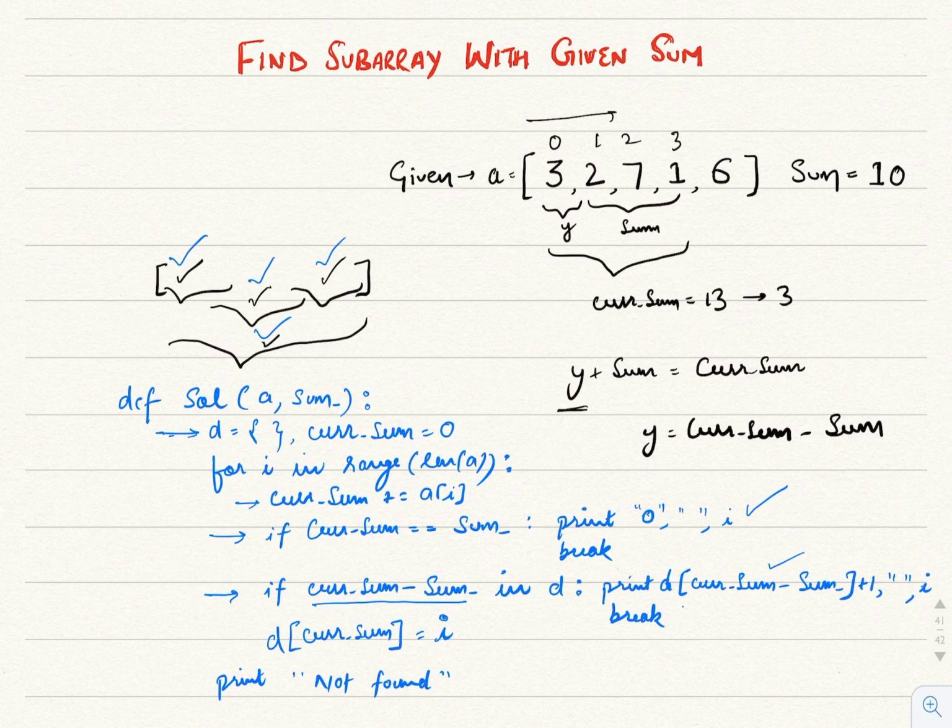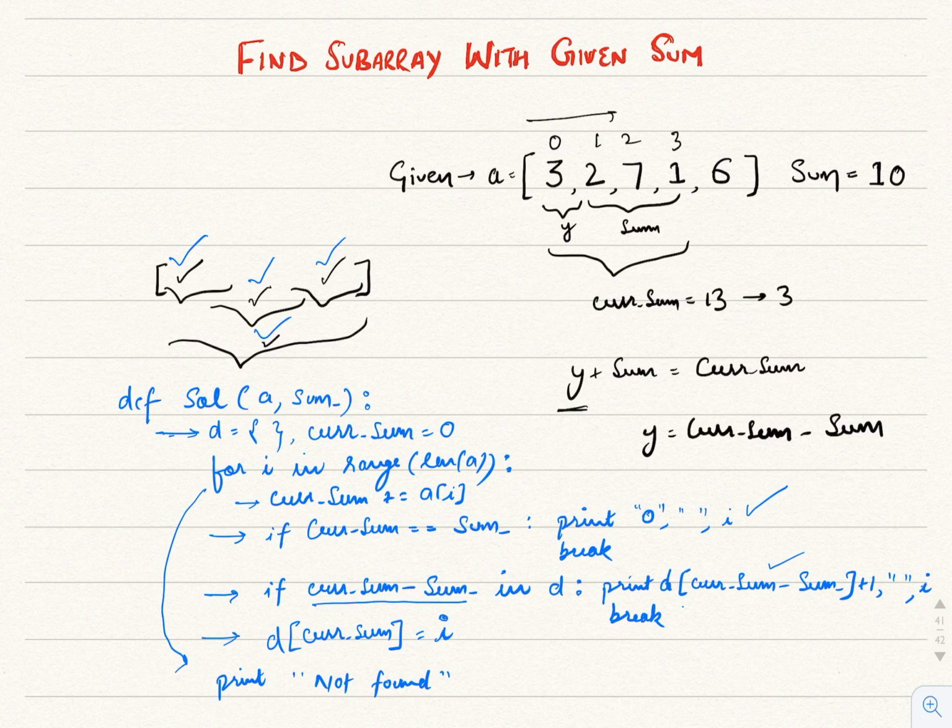And at the end we have to put the current sum in the dictionary and assign the index to it. So if nothing of this becomes true, it will come out of the for loop and print not found, as we haven't found any subarray with the given sum in the given array.